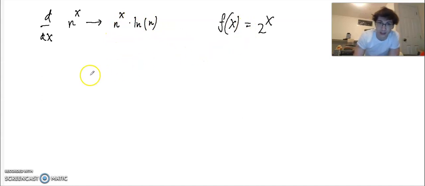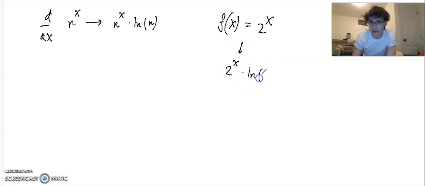So we just get 2 to the x times ln of 2. And I believe ln of 2 is something like 0.69. It is some number, but it is just easier to write it as ln of 2.